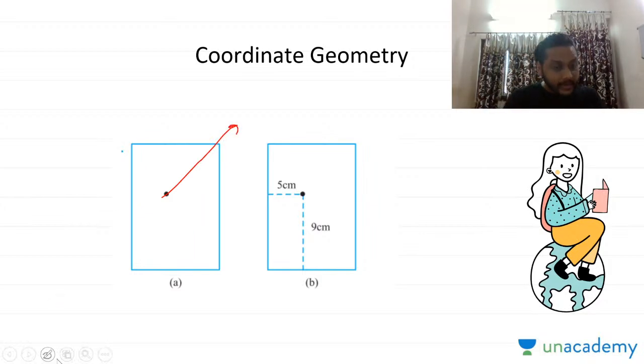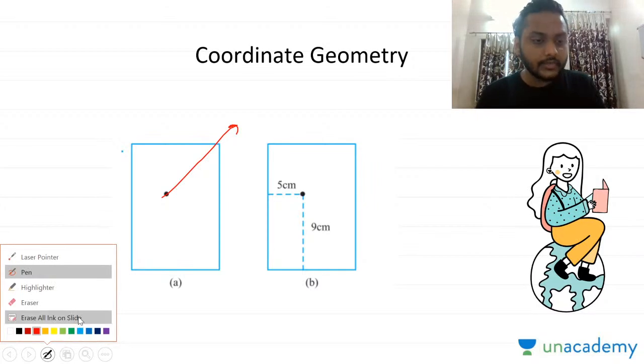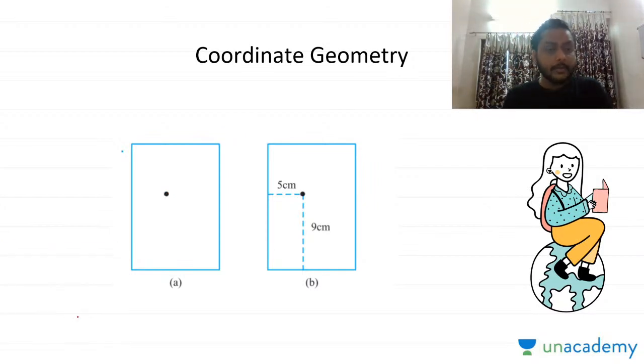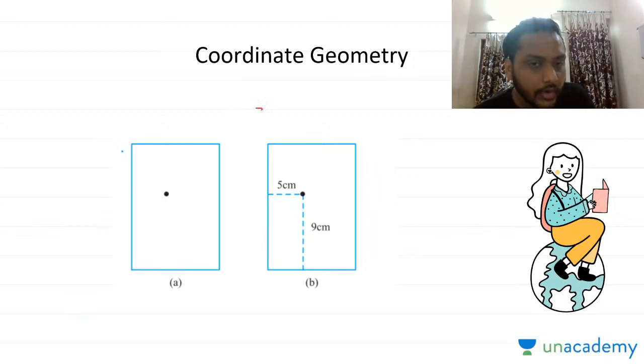Okay, and that is why, guys, if you focus, we always say that whenever we have to plot any point in our Cartesian plane, I always talk about two coordinates, x coordinate and y coordinate.